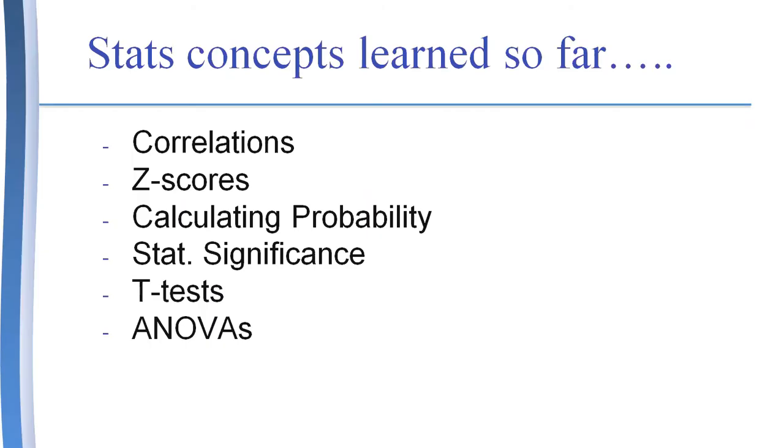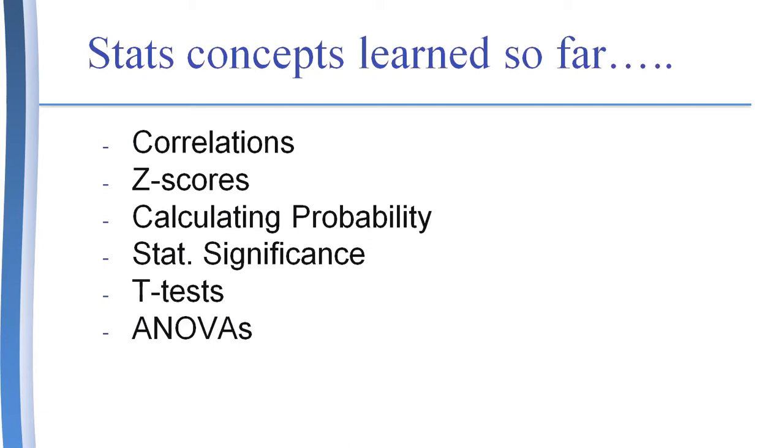So concepts that we've learned so far, we've gone over correlations and examining relationships between variables. We looked at z-scores. Those are those wonderful things that I had you guys calculate by hand. And z-scores can also allow us to calculate probability.